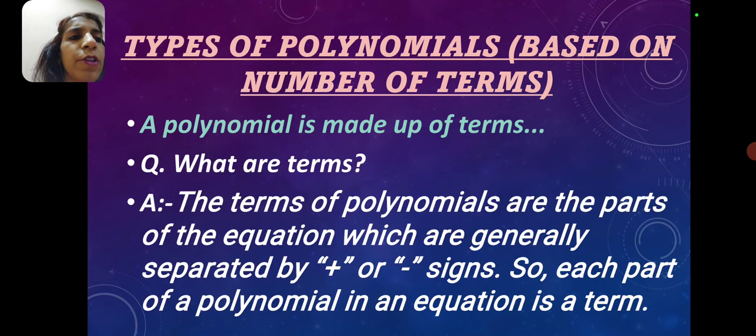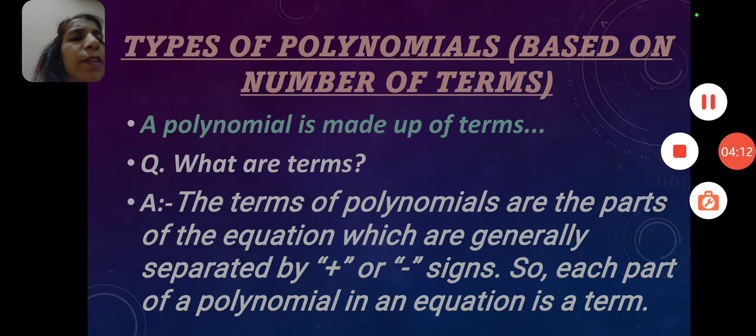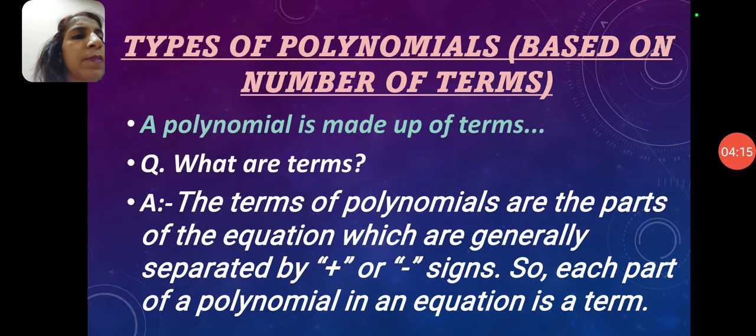The terms of a polynomial are the parts of the equation which are generally separated by plus, positive, or minus, negative signs. So each part of a polynomial in an equation is a term. Okay.